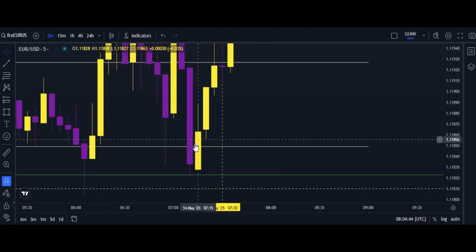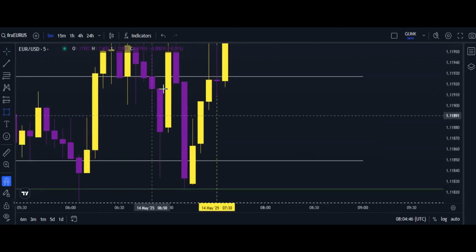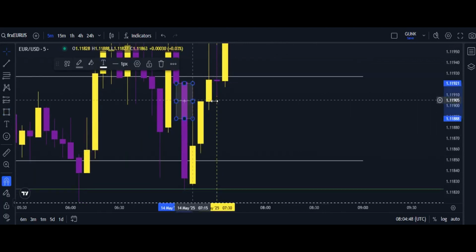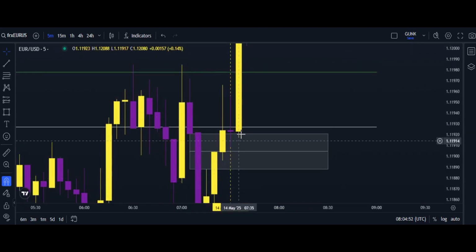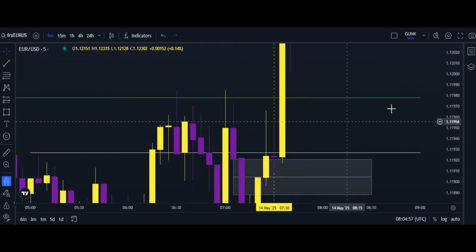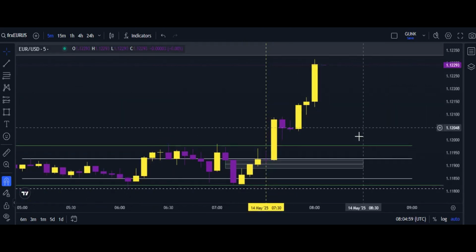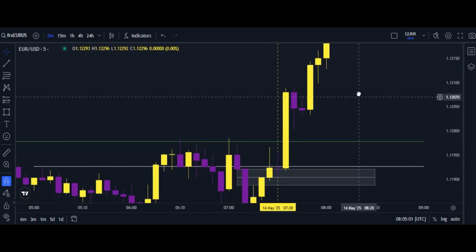So from there was a sweep and there was an inverse imbalance right there, and as price went through, came back and respected it right at 7:30, you can see price then shot from there.